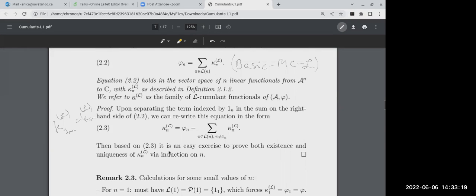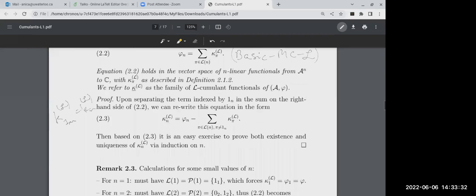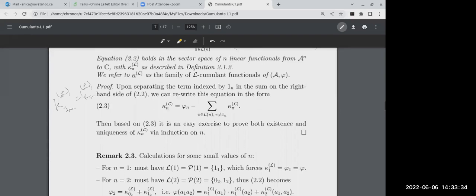If I isolate this term, K n, and subtract everything else, it is phi n minus everything else, which comes from phi's of shorter lengths. So you can prove both existence and uniqueness by an immediate induction.